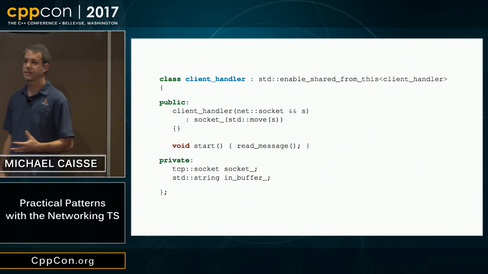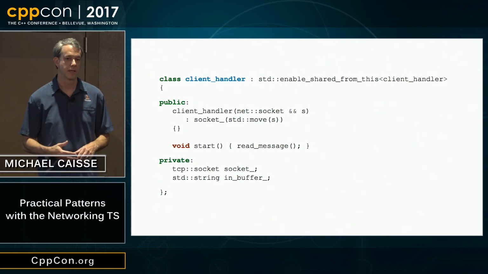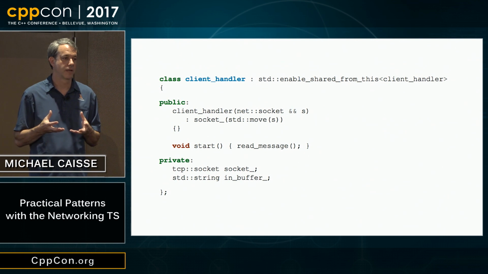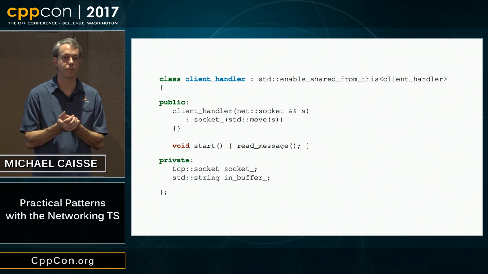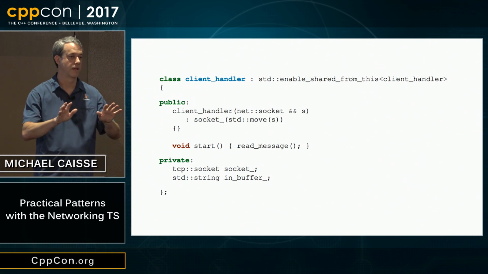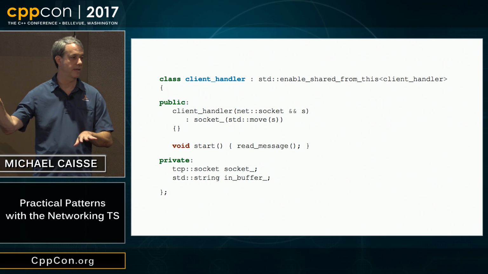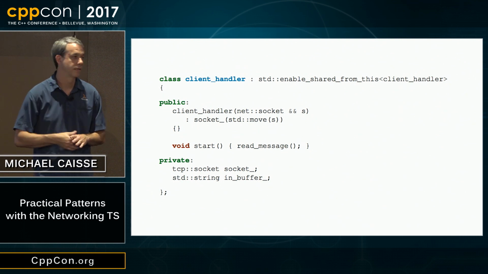The canonical way to set this up is to inherit from enable shared from this. And what that's going to allow us to do is to take a counted reference to ourself, and bind that up into the completion handler that we give off. So when we give these things off and they're hanging out inside of the executor, or they're waiting to be given to the executor, that object's lifetime will be maintained.